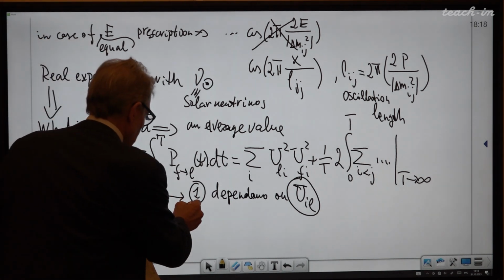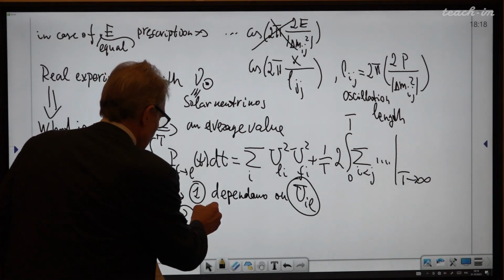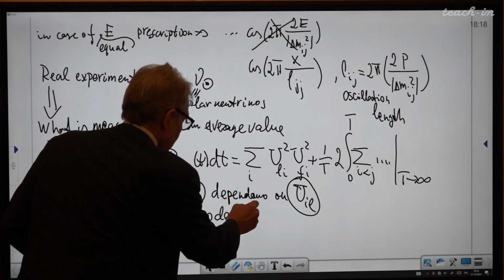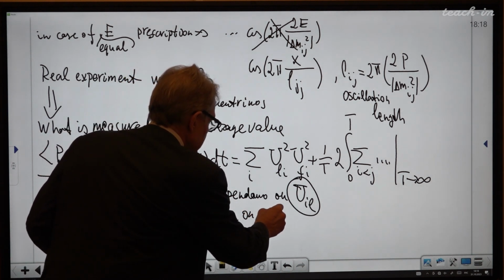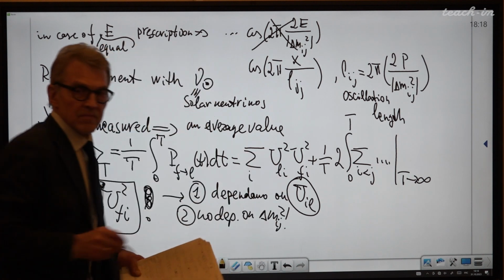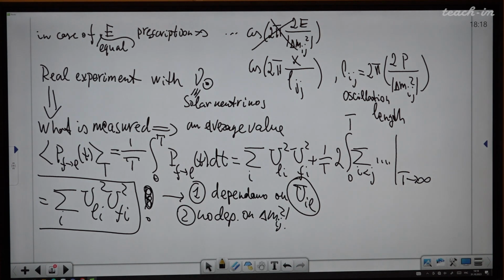Then, what is also very important, there is no dependence on the mass square difference. A remarkable thing, yeah?